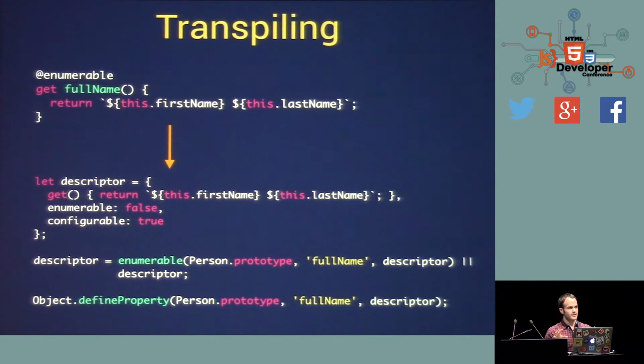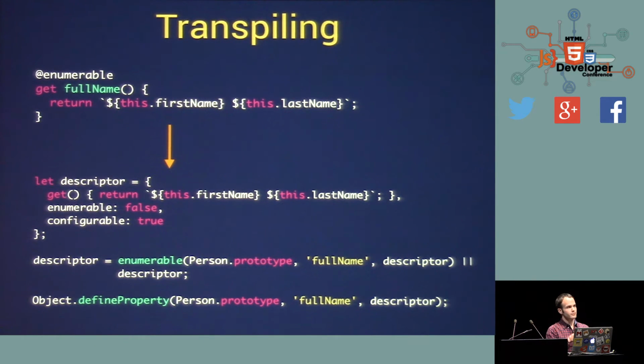And if we looked at what this process looks like transpiled, when we tag that fullName with enumerable, what you start off with is your original default descriptor. We have the getter, we have enumerable set to false, and we just have this other option, configurable, set to true. Next, before defineProperty gets called, we're going to reassign descriptor. And it's going to call your enumerable decorator, passing in the prototype, that's the target, the fullName key, which was the name of the property, and then that default descriptor that it's created ahead of time.